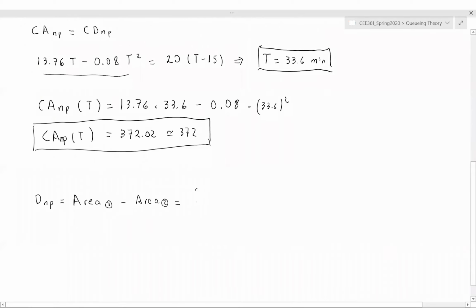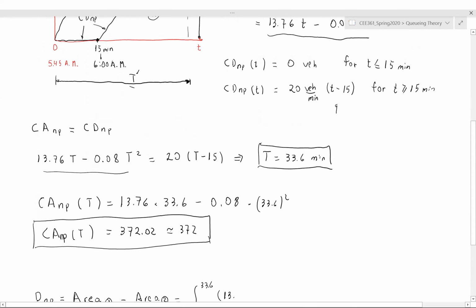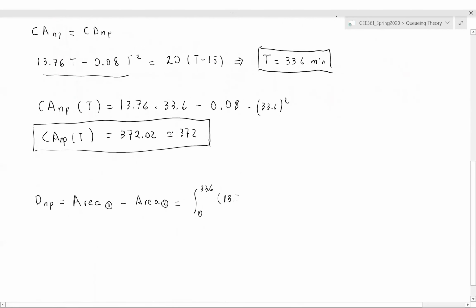And the area of 1, we say, is the integral under the curve, so it will be the integral from 0 to 33.6, or you can call it t if you want, but let me just put the number 33.6. And the function was, let's say 13.76, I was missing something in my notes here, 13.76 t minus 0.08 t squared dt, minus the area of the triangle.